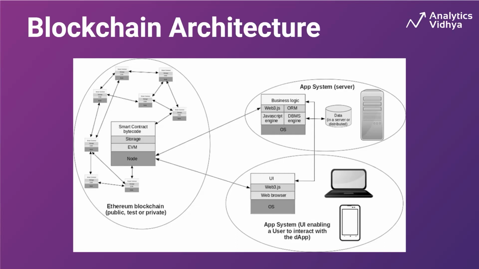Now each and every node has the same copy of that virtual machine. This way, many people participate in the blockchain network, providing transparency and solving the centralization issue. This is the decentralized mechanism which blockchain follows.